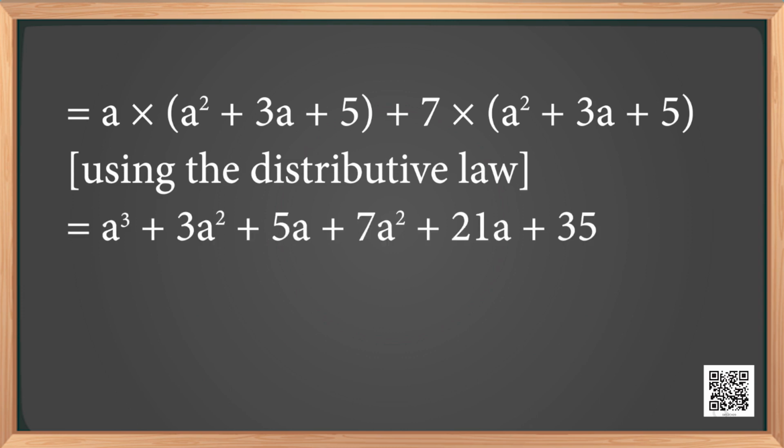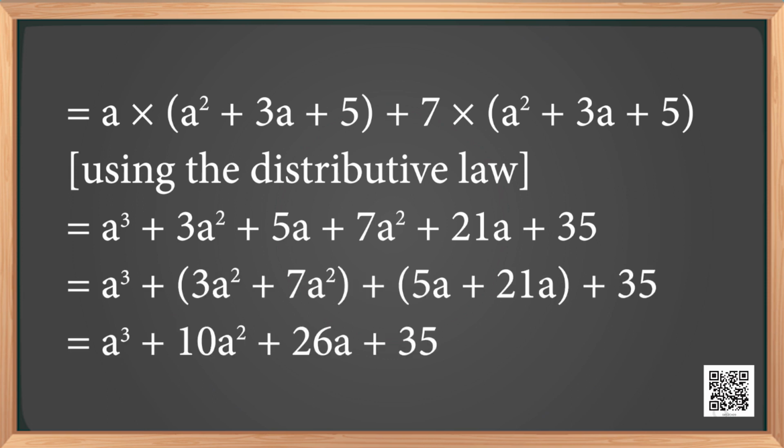Using distributive law, we get a cube plus 3a square plus 5a plus 7a square plus 21a plus 35, which is equal to a cube plus 3a square plus 7a square plus 5a plus 21a plus 35.